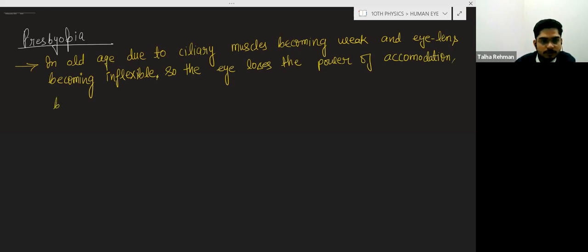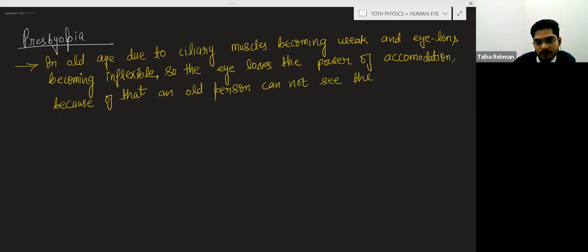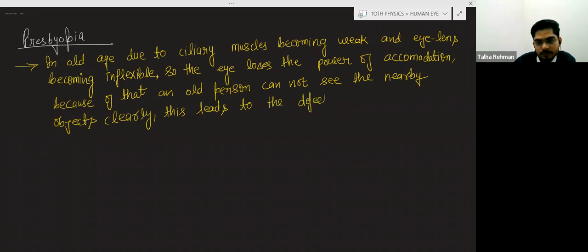Because of that, an old person cannot see nearby objects clearly. This leads to the defect called presbyopia.